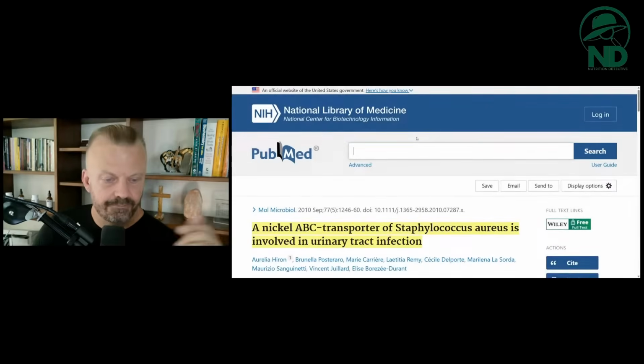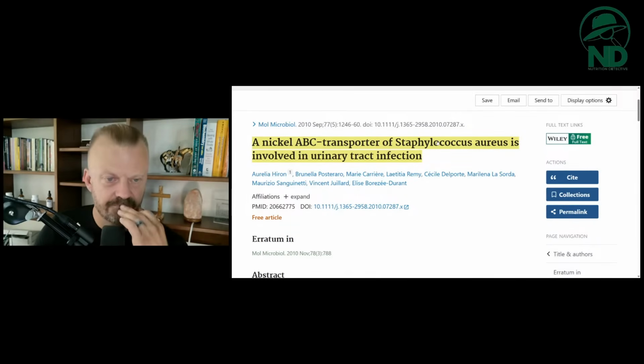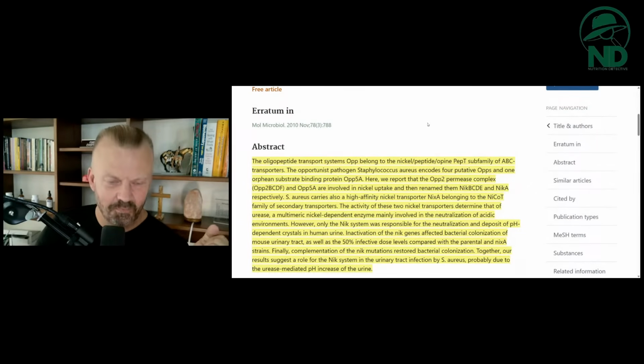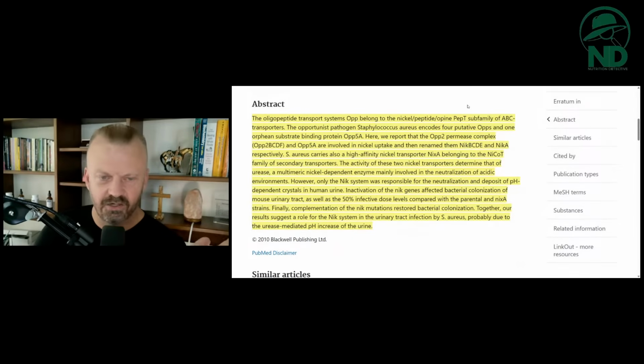Come on, PubMed. A nickel ABC transporter of Staphylococcus aureus is involved in urinary tract infection. Ladies, had any urinary tract infection issues? They're probably all nickel related, just so you know, because we'll see multiple urinary tract infection bacteria in this.